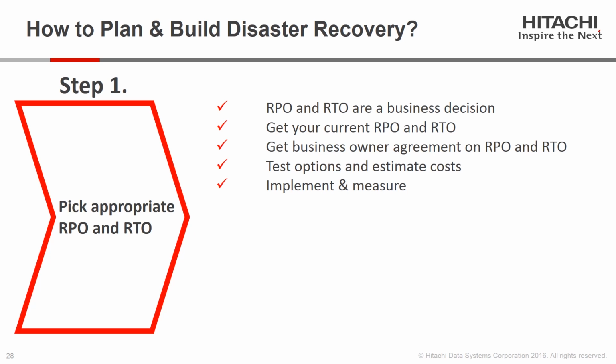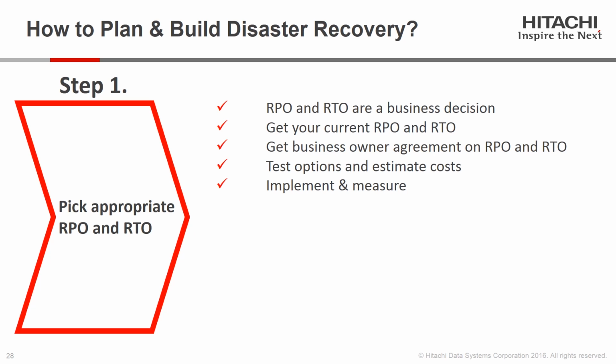While having a conversation with the business decision makers, you need to understand what their systems are capable of, how much data change is involved for the protection systems, what the impacts to the systems are if the RPO fails, etc. Test options and estimate costs. Always test the systems and make sure the largest RPO and RTO are achievable with the proposed storage and network bandwidth requirement.